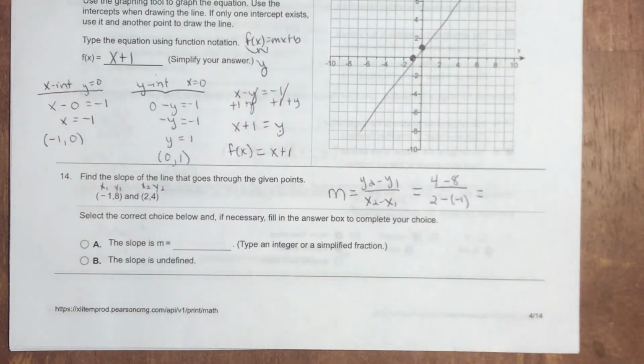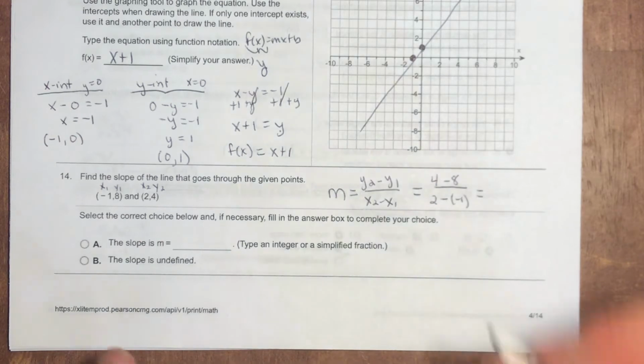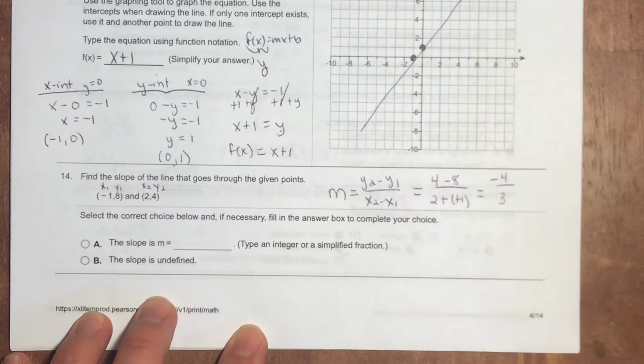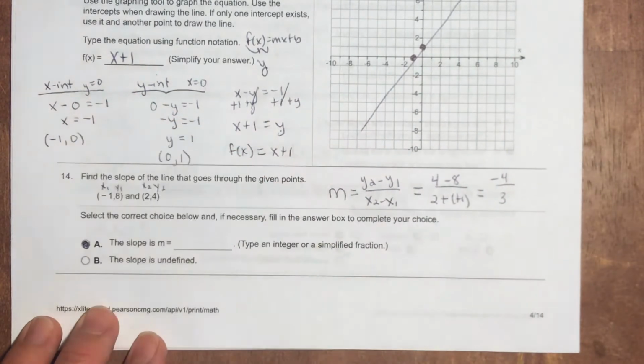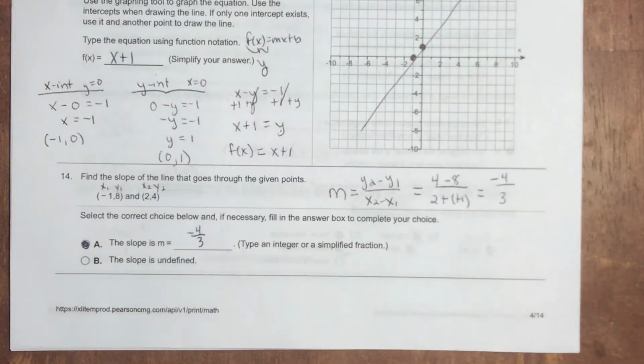Okay, and it is easy to accidentally put the wrong number in the wrong place even if you know the formula. So it's worth just double checking that you plugged everything in correctly. And just pay special attention when you have a negative, that the negative is going to make that positive. So we have negative 4 over 3, and that is simplified. So the slope is m equal to negative 4 over 3.